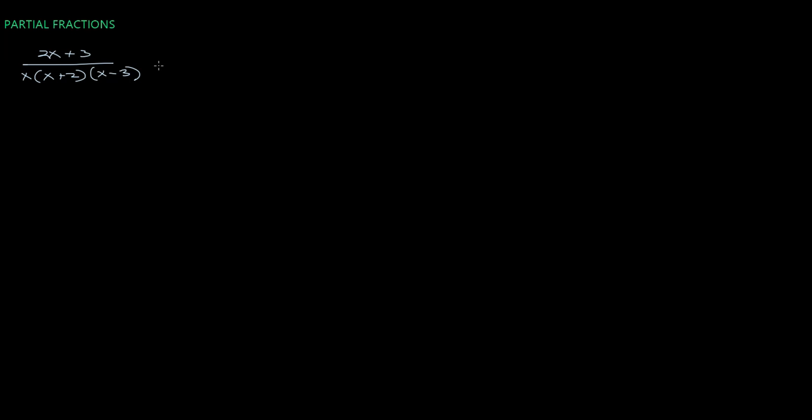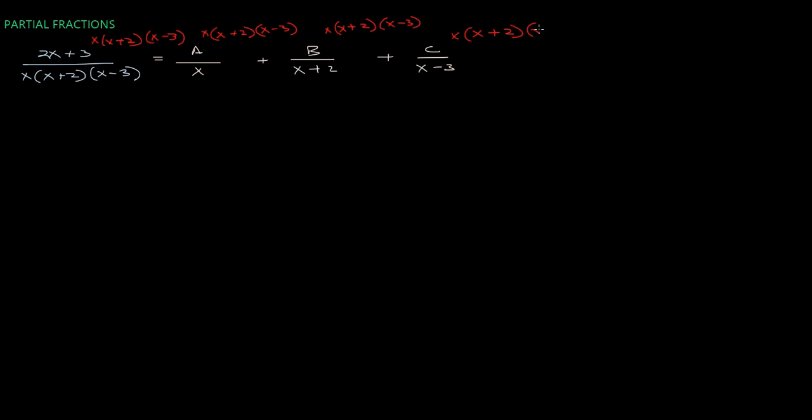The first thing we do here, we know the denominator has three factors. Therefore, we have A, B and C. The denominator x plus 2, x minus 3 is our common denominator. We therefore multiply both sides of the equation. Okay, let's go ahead and cancel out.